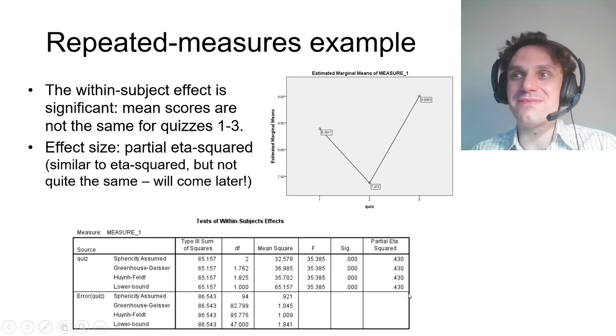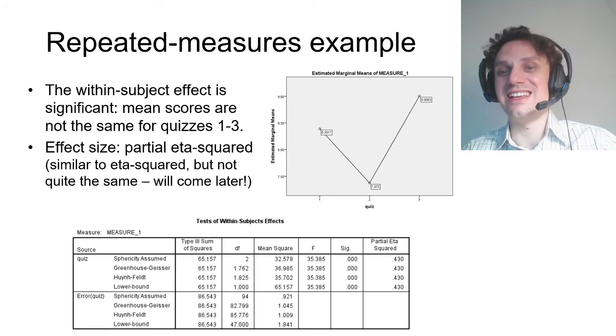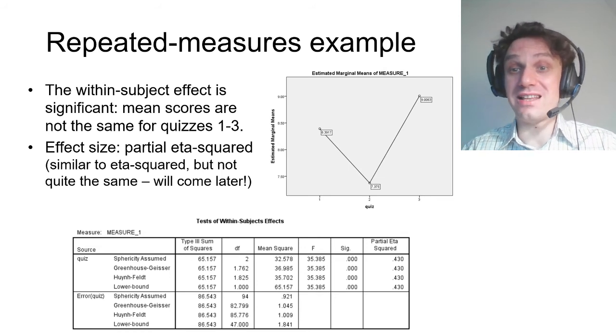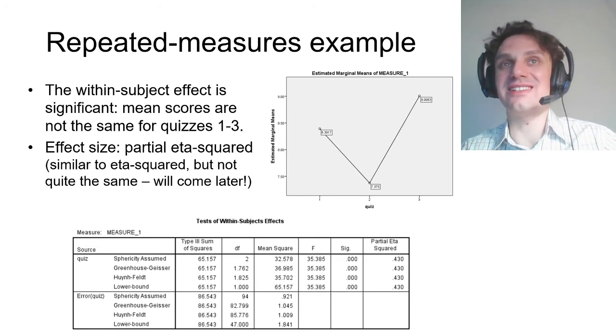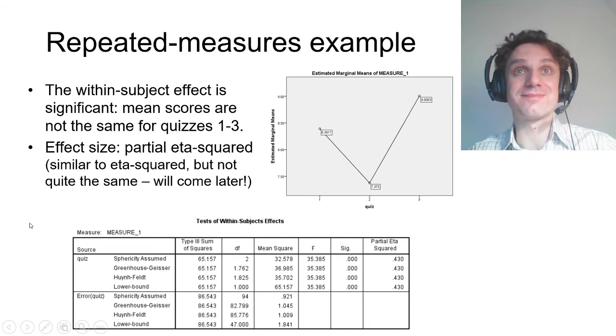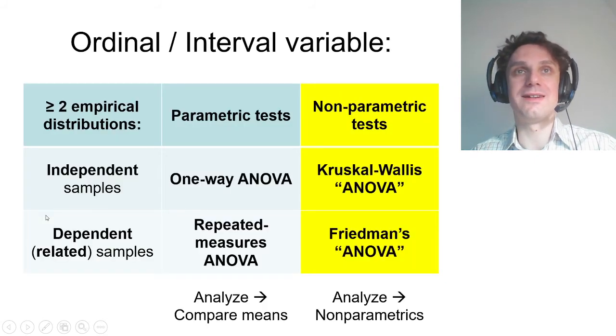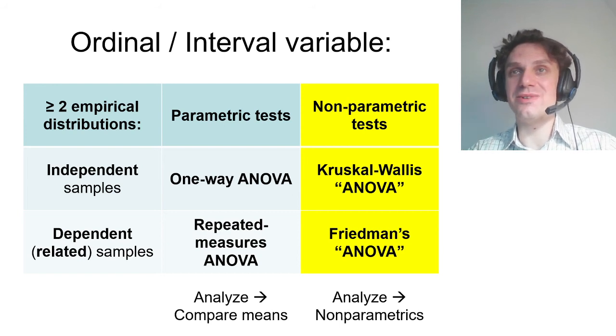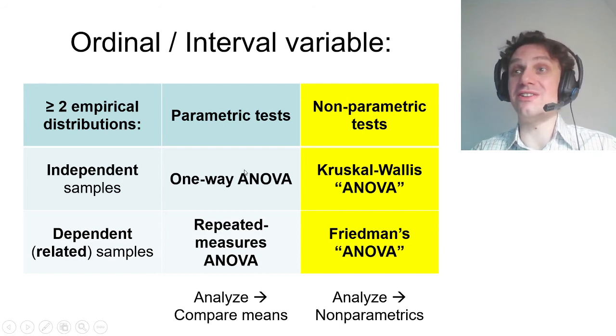So about 43% of all the differences between individuals are associated with the number of quiz rather than with differences between the students or measurement error. So this was just normal ANOVA.